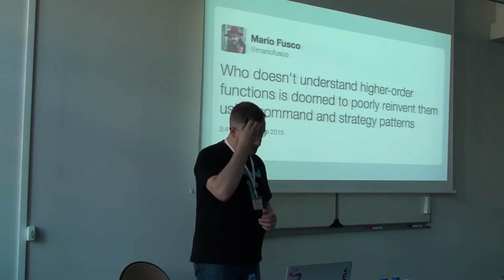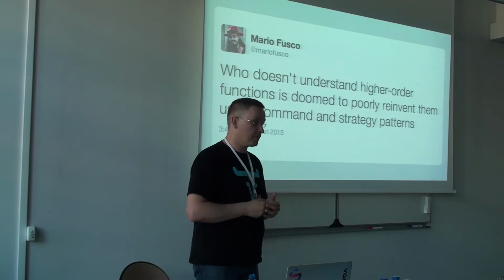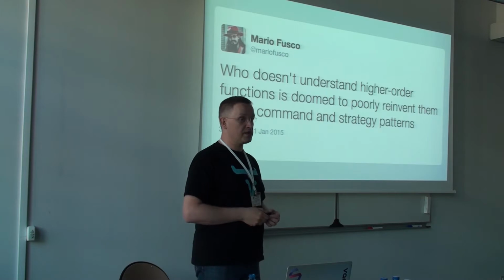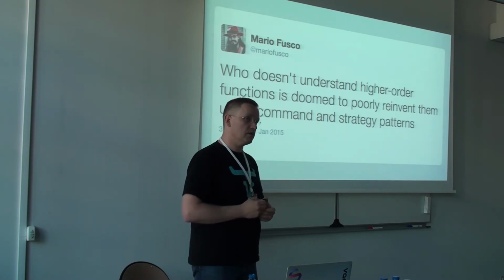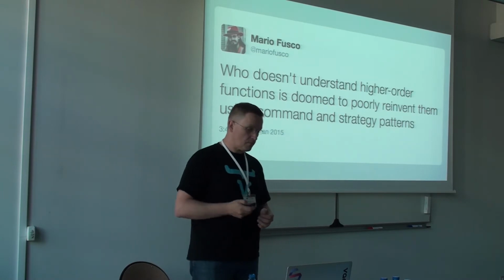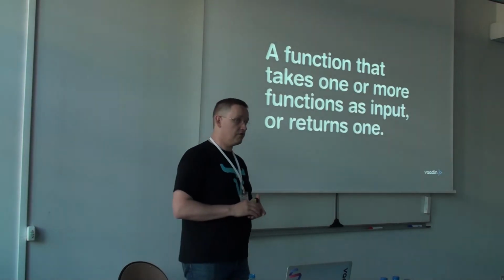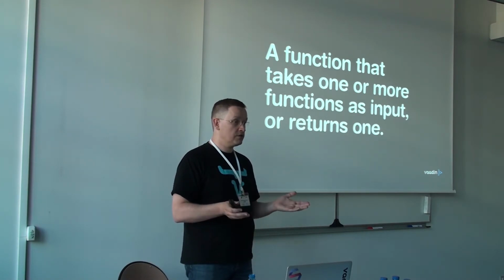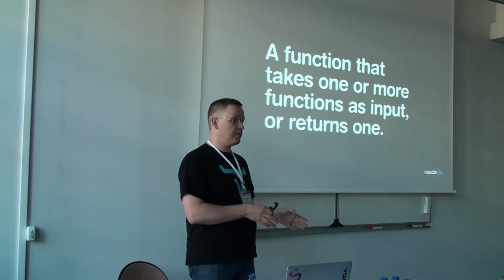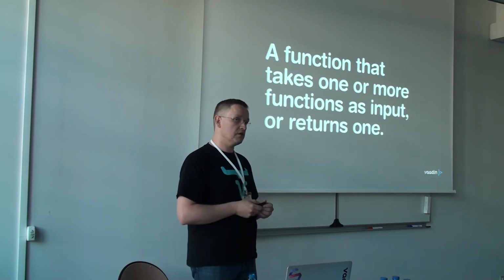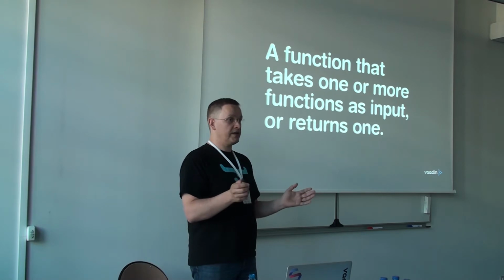Some people really think that higher order functions are really important, and they are, but again, they are not nearly as complex as their fancy name might lead you to think. This is the definition of a higher order function: just a function that can take a function as a parameter, one or more, or return another function as a result. That's it. There's nothing else to it.